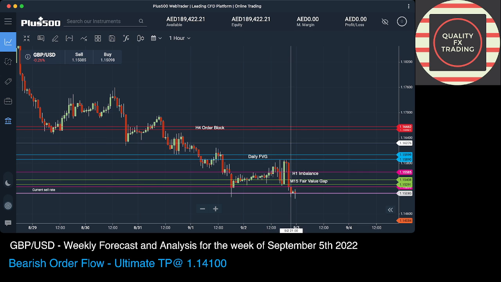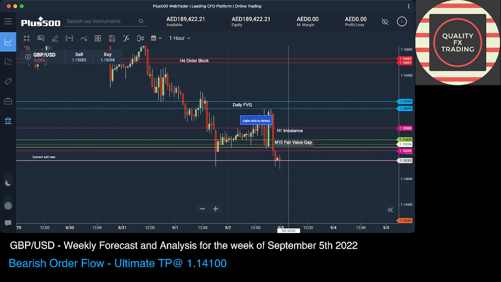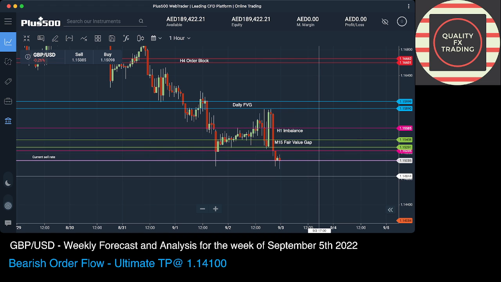So the second scenario here could be the price correcting to the upside, to go inside this H1 imbalance, and we can see this 15-minute fair value gap acting as a resistance and then price pushing to the downside.